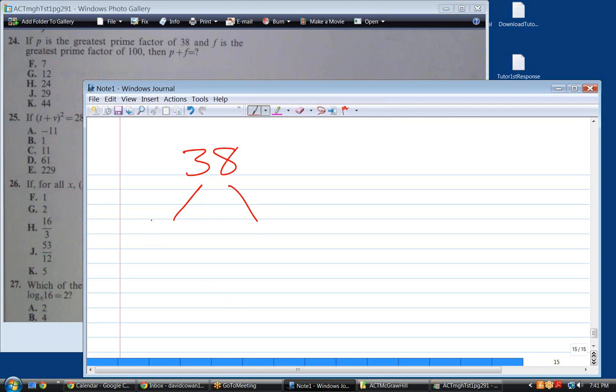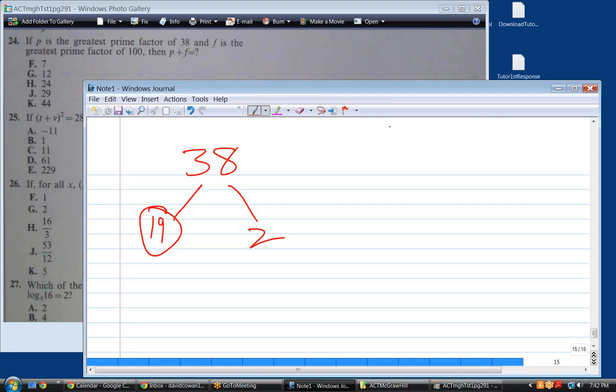Split it in half for starters. Okay, so that would be 2 and 19. Now the fact that both of these are prime means I'm done. I can't split 19 anymore. Right. So 19 is the greatest prime factor of 38.